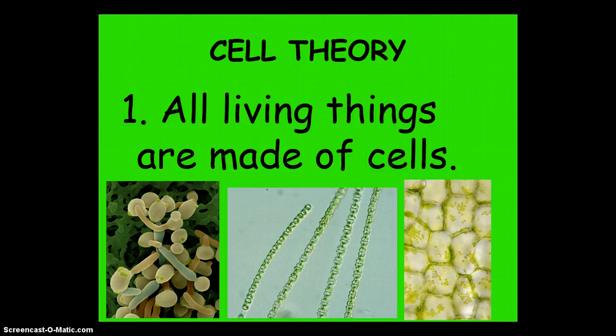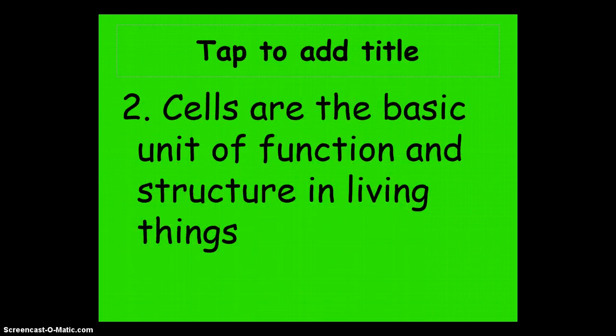In cell theory, number 1, all living things are made of cells. We talked about this before when we talked about the 8 characteristics of life. Number 2, cells are the basic unit of function and structure in living things.